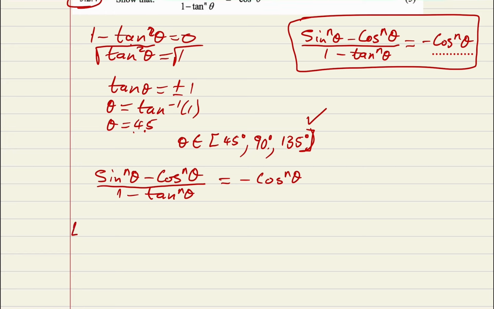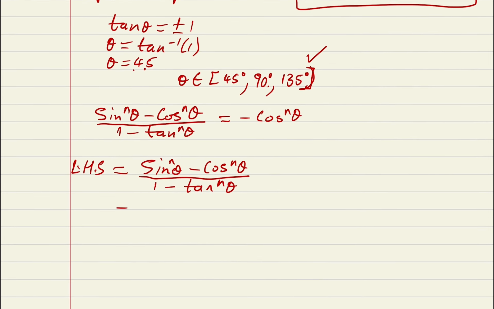Hence, I'll choose the left-hand side. Left-hand side is equal to sine n theta minus cos n theta, all over 1 minus tan n theta. Then from here I say sine of n theta minus cos of n theta, all over 1 minus sine of n theta over cos of n theta.